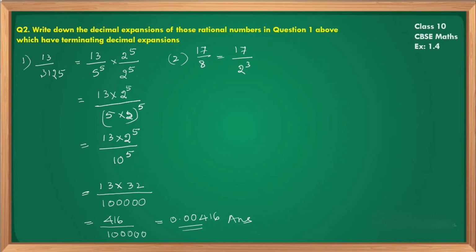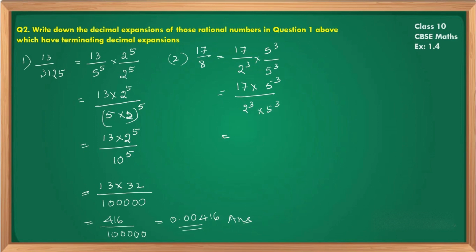As I said, in the denominator, you need to have the pair of 5 and 2 with the same power. Here what we don't have is 5 cube. So let us multiply 5 cube both on the top and bottom. Now we can write down 17 into 5 cube. In the bottom, we can write down 2 cube into 5 cube.